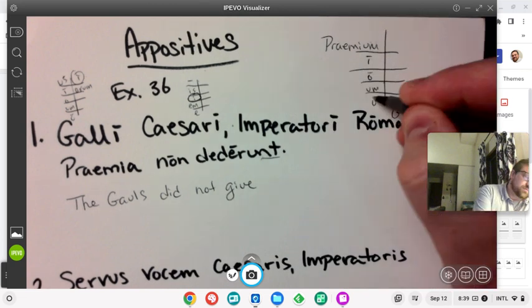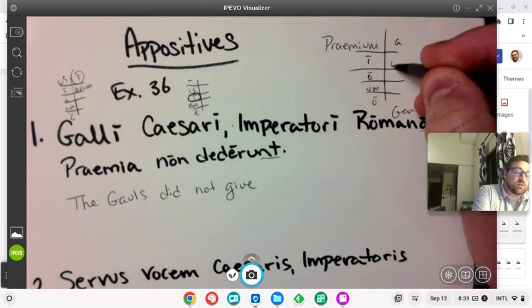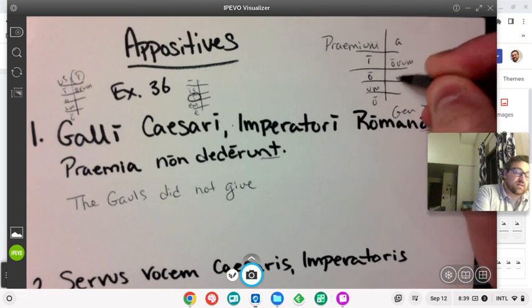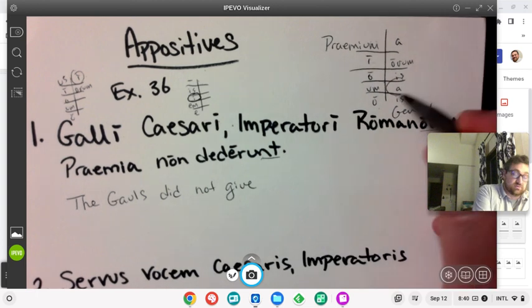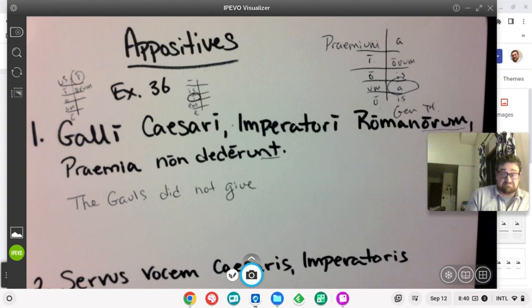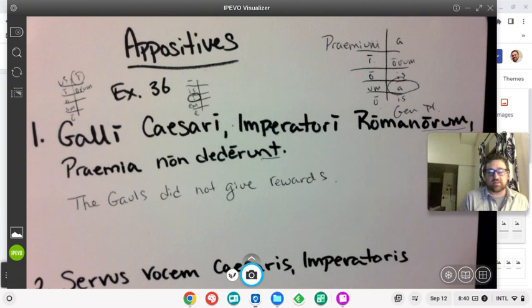Remember how neuters go: o, orum, is. Okay, so this praemia could be an accusative. So the Gauls did not give rewards. It's the only thing that even could be an accusative, so that's got to be our thing. So the Gauls did not give rewards.